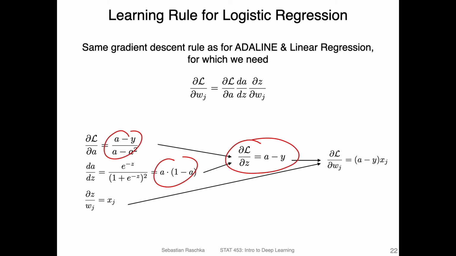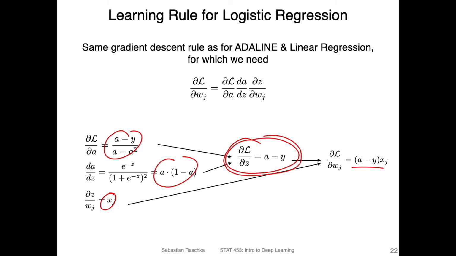You can see that these cancel each other nicely. And this is why I said that the logistic regression or the sigmoid function has nice derivatives. That's because things cancel here nicely. And then we just add the x to it. And you can see, this looks exactly like the Adaline learning rule, right? This looks exactly like the linear regression one.